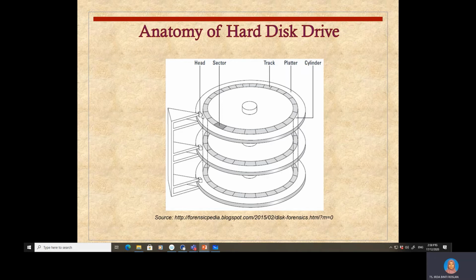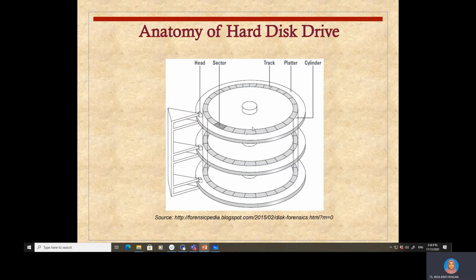Basically, the function of the head is to find the right track, and the rotating disc keeps on rotating to find which sector, the beginning of the sector to be read.